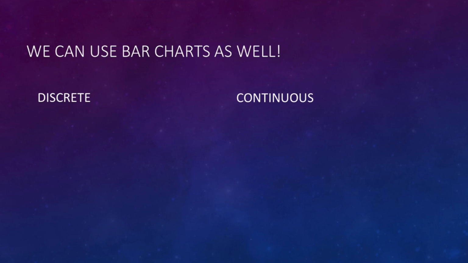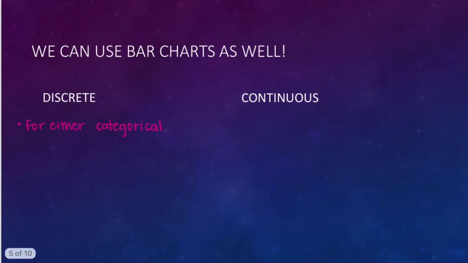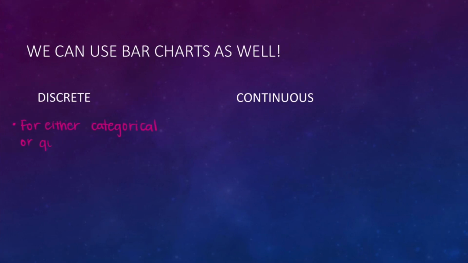We have two different kinds of data. We have discrete and continuous, and there's overlap. Discrete data can be for either categorical, which again means non-number data, or quantitative data.